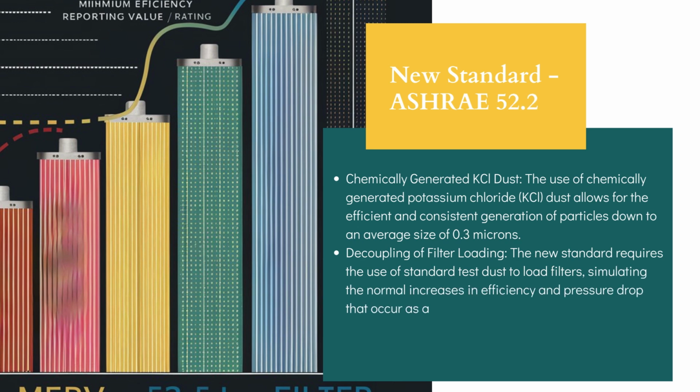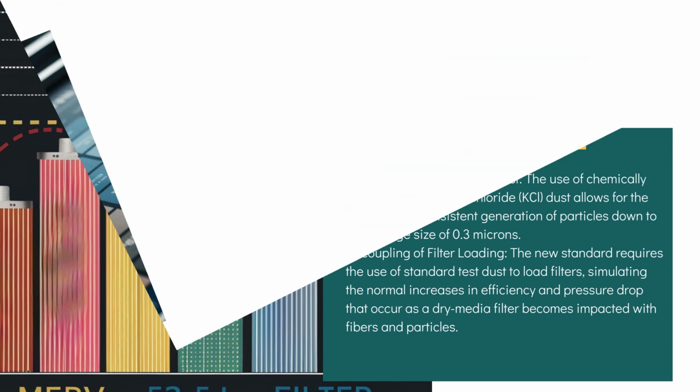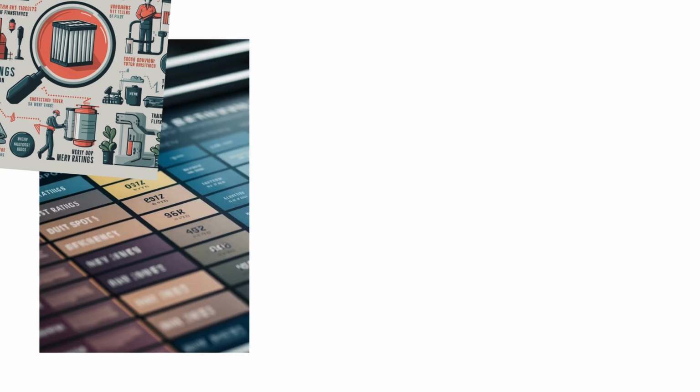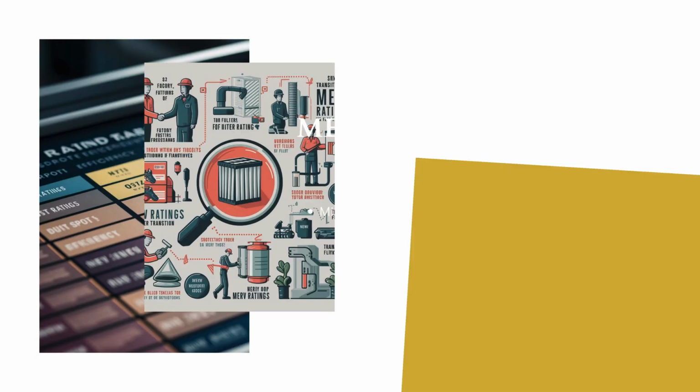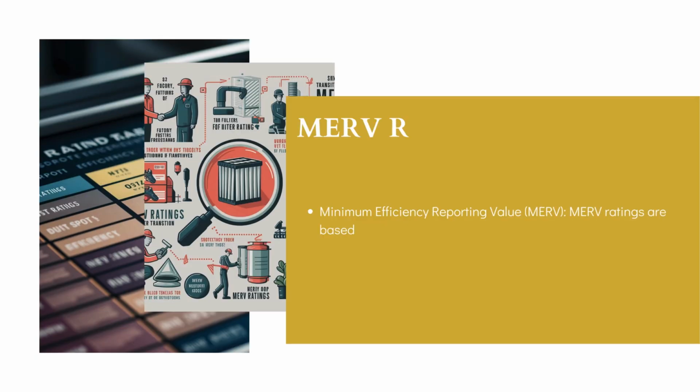This enables repeatable testing of filter media performance on very small particles. Second, the decoupling of filter loading from filter arrestance. The new standard requires the use of standard test dust to load filters, simulating the normal increases in efficiency and pressure drop that occur as a dry media filter becomes impacted with fibers and particles.